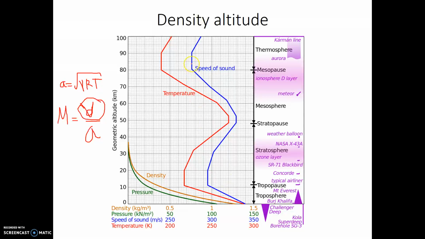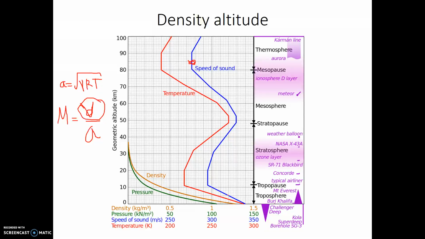But when you're flying at 100 kilometers or 85 kilometers altitude, your Mach number will be much higher because your speed of sound is much lower than at lower altitudes, right? That means your shock will form very easily at lower velocities of the airplane as you fly higher.